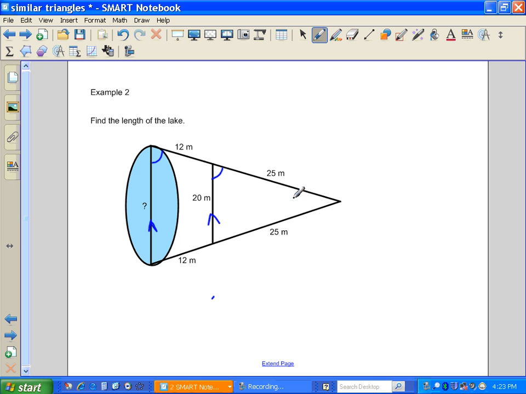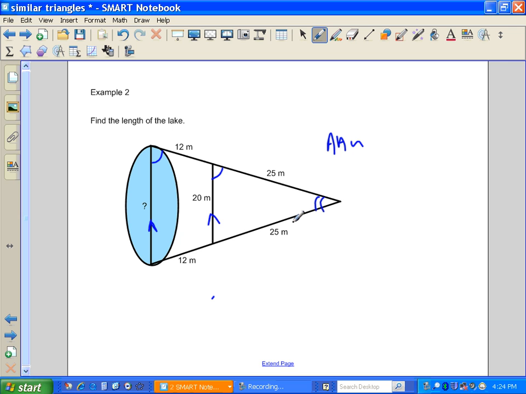And if you look at the small triangle and then the big triangle, this angle over here is part of both triangles. So of course it's equal to itself. So again, by angle-angle similarity, we know that these two triangles are similar and then can set up a ratio to find the missing side length.